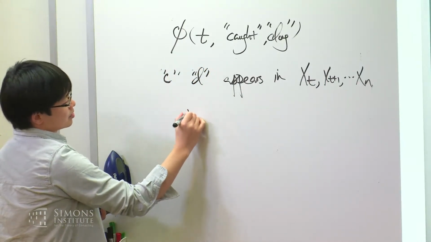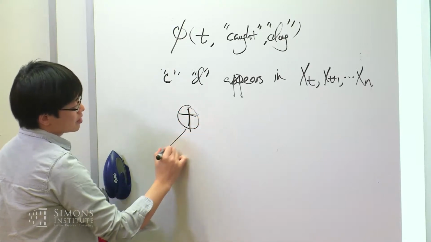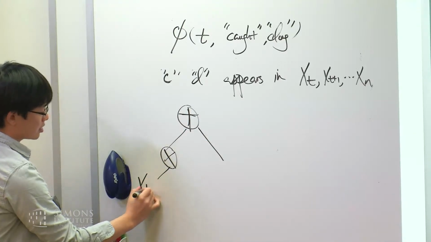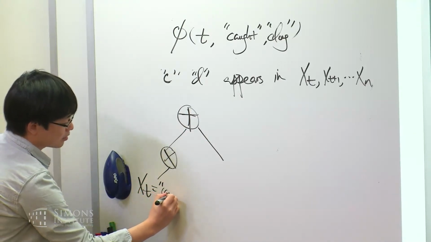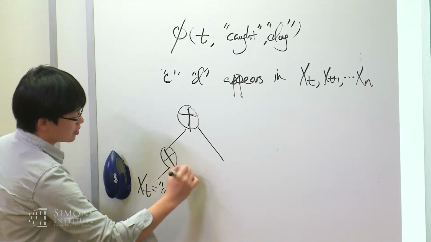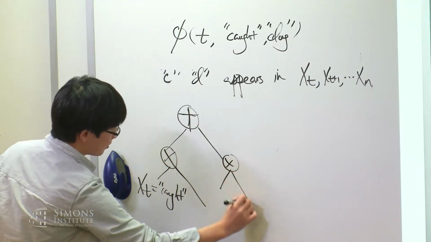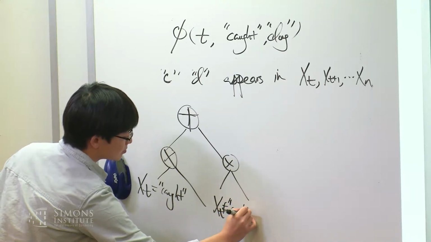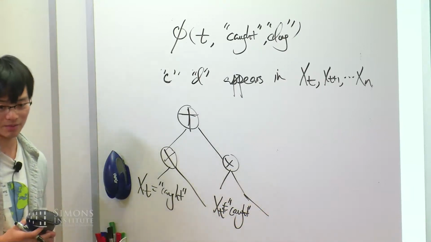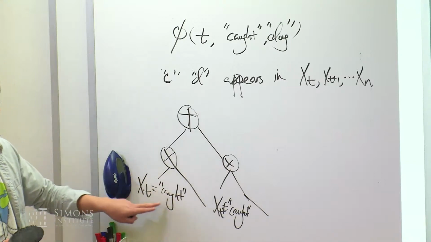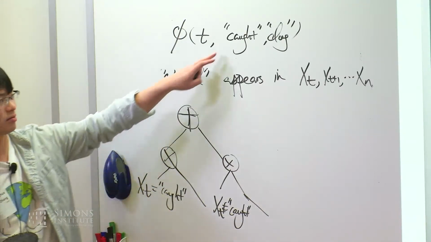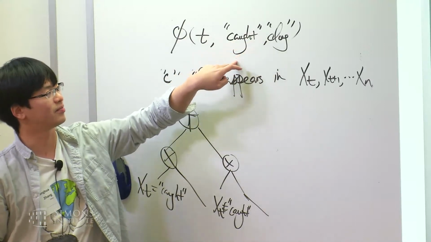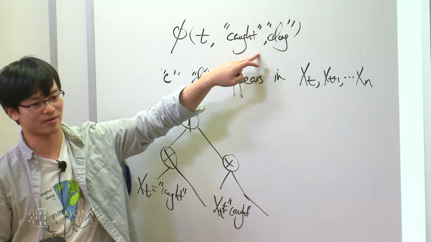Well, it's pretty simple. It's a sum node. We consider two different cases. One of the cases is that x_t is cat. And the other case is that x_t is not cat. Does this make sense? Okay. So if x_t is cat, then we have made one step towards satisfying the constraint.